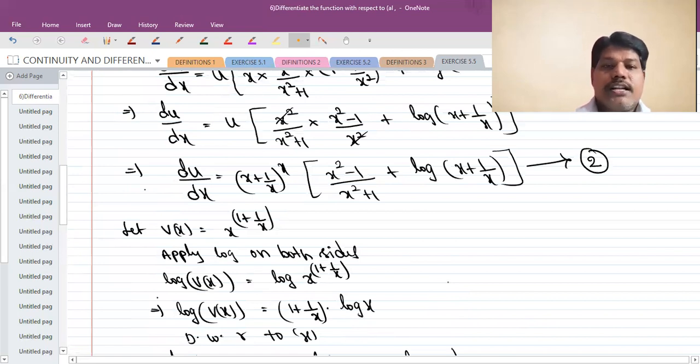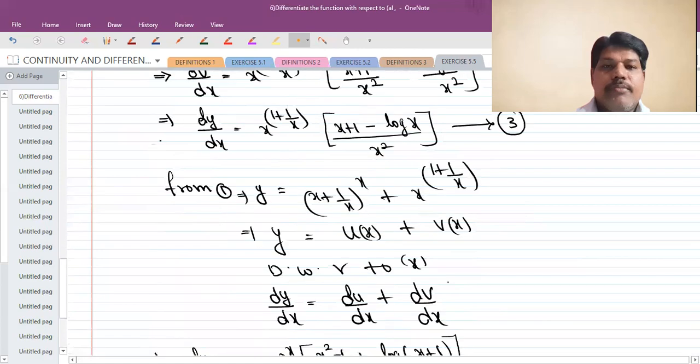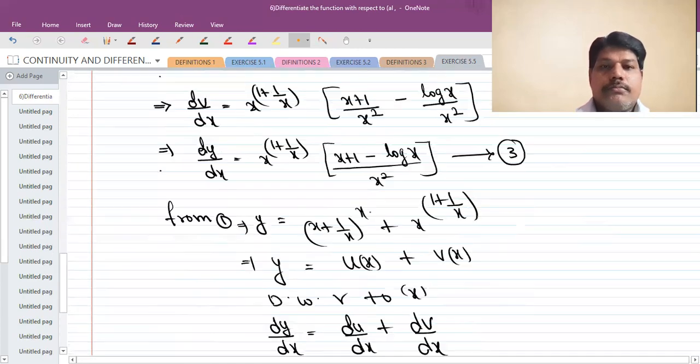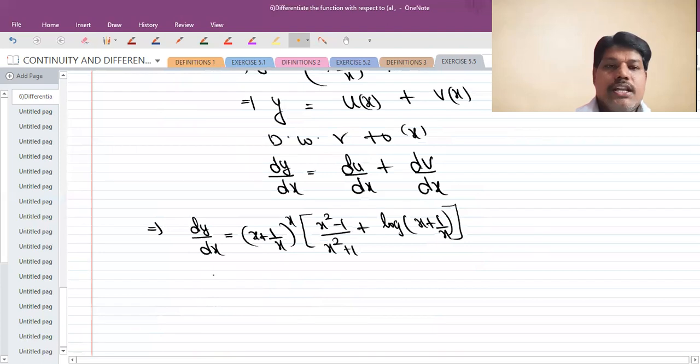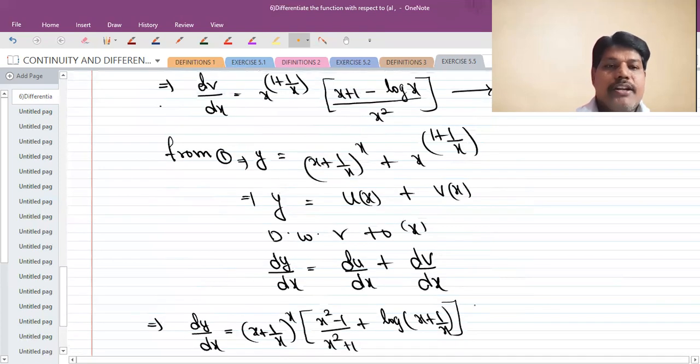Similarly, what is the dv by dx value? Here we made a mistake, students. This is the v actually. So this is the dv by dx. What is the dv by dx value? See that one from equation number 3.